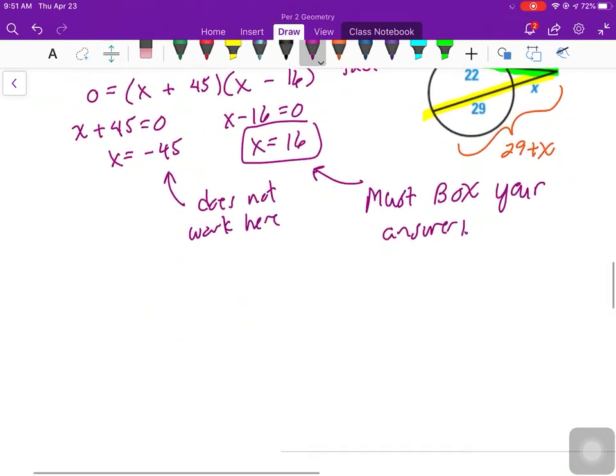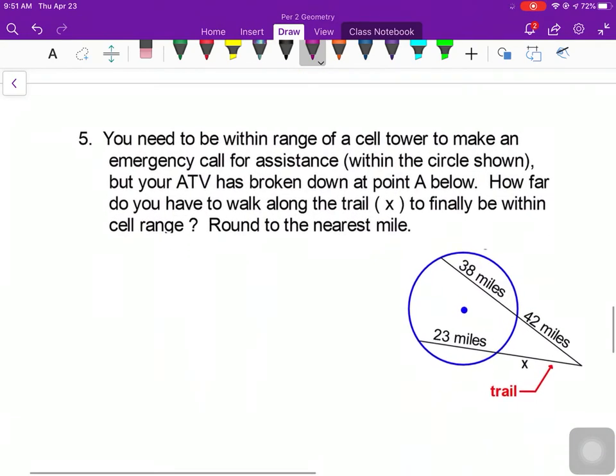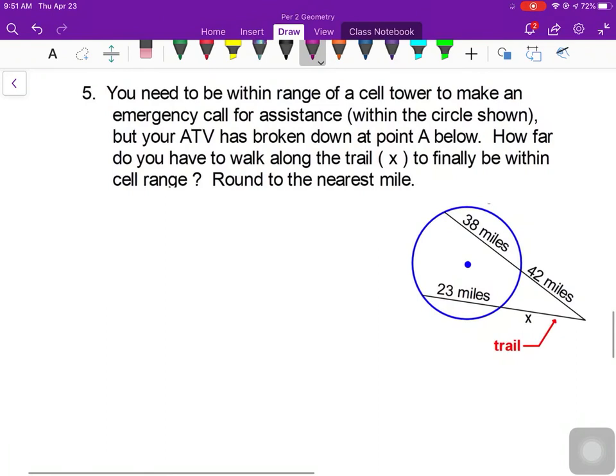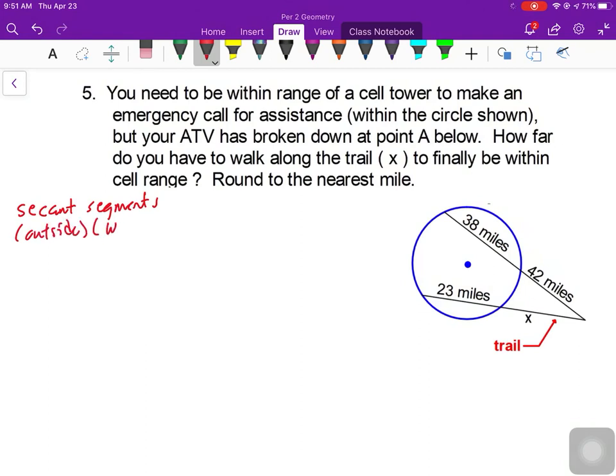Let's take a look at another one. This one's in the form of an application problem. It's still a secant segment problem. We're still going to follow the pattern of outside times whole will equal outside times whole.